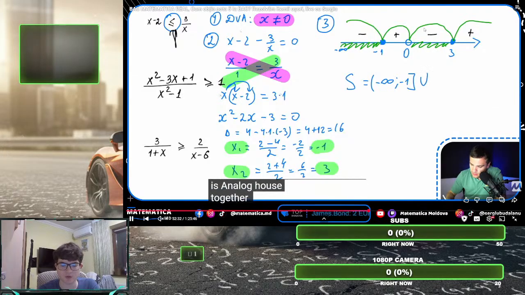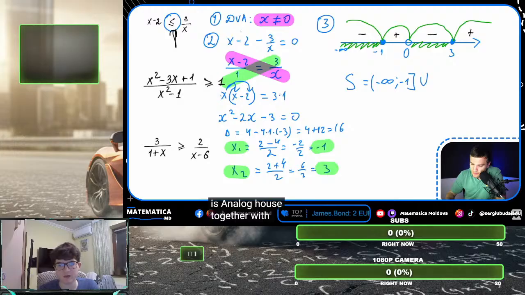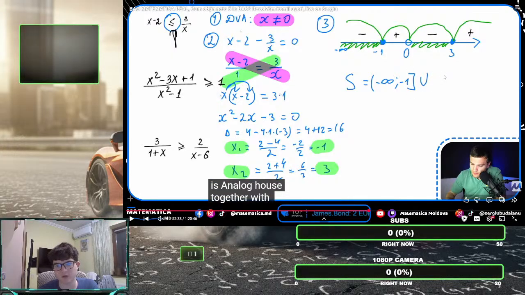So now write down the response, minus 1 to minus infinity. You pick the values that satisfy it. I forgot about DVA, x cannot be 0. In the solutions we have minus 1 and 3 but not 0, so we take them all. The solution: x minus 2 has to be smaller or equal to 0, so we just take the negative intervals, from minus infinity till minus 1, colored, so bold parentheses, not curved.